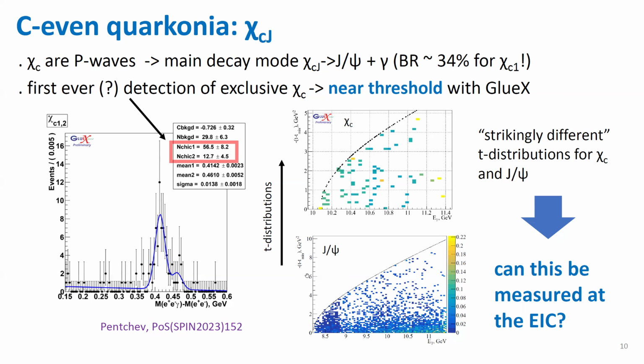The t distribution you see on this vertical line for J/psi has a strong slope, whereas in the case of chi-c, so just by changing the quarkonia, the t slope is more or less flat. So they report a strikingly different t distribution. And again, an interesting point is, can chi-c also be measured at the EIC? This is the main point of our theoretical study.